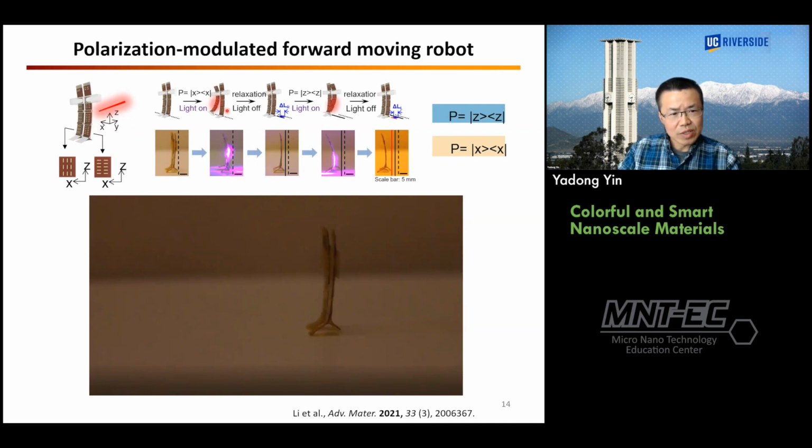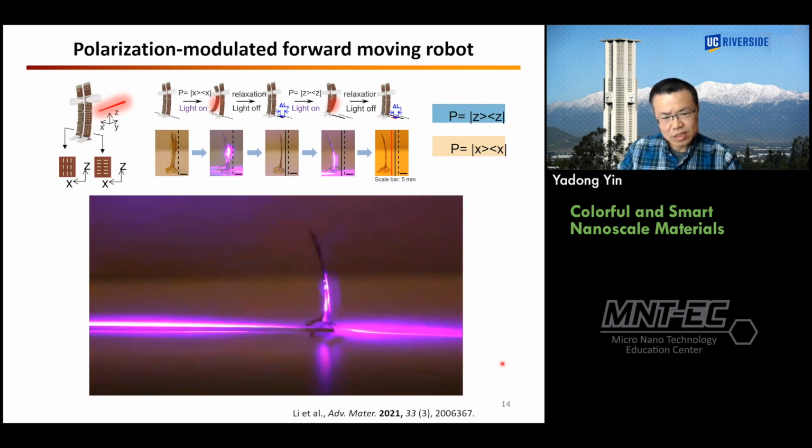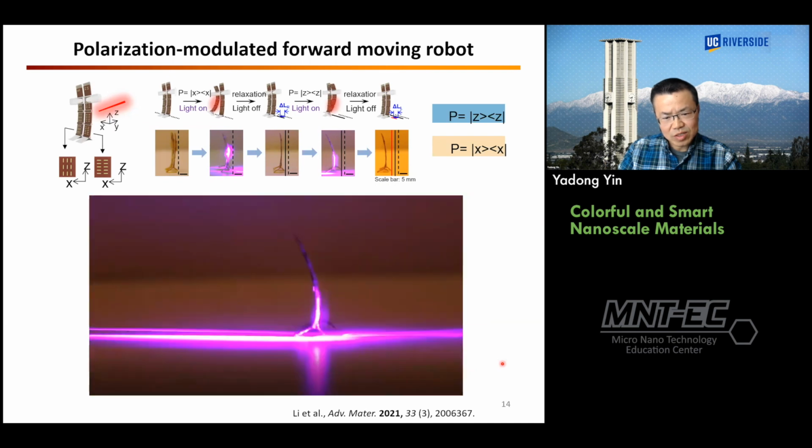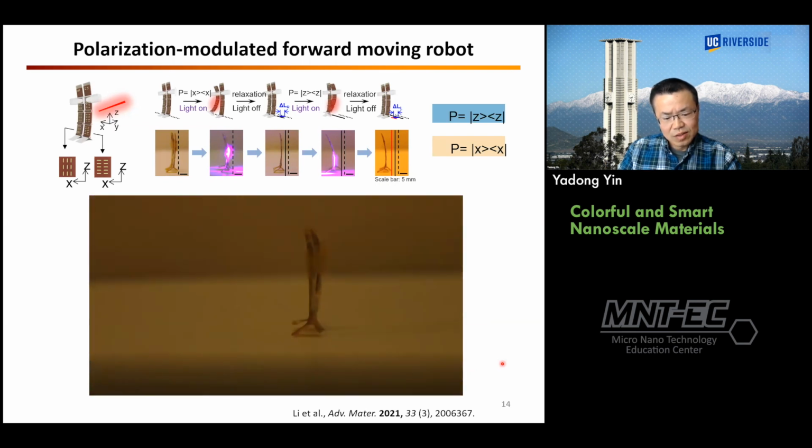If we change the polarization of the light, we can heat up only one leg, and so they will move forward, and then we can do that alternatingly, and then the robot will move. As you can see, this robot can actually work under the light.